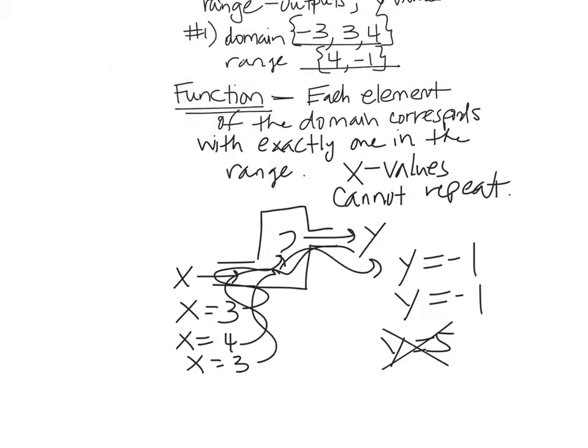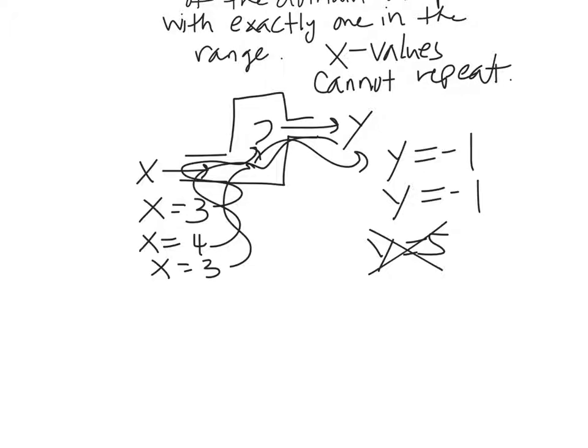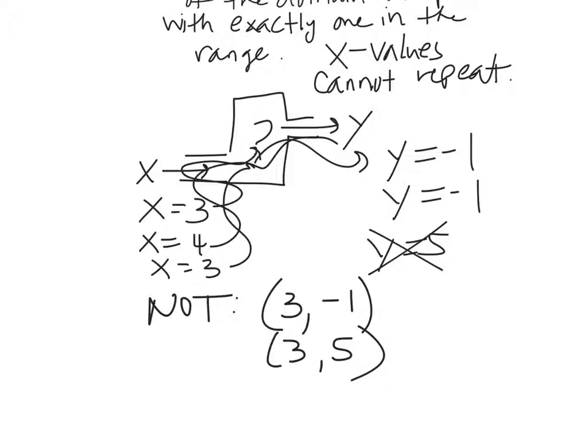Okay, so I say the x values, there's actually a test we're going to do. It's actually pretty good. So if something's not a function, it could look like this. 3 maps to -1, and then 3 maps to 5, okay? So anytime the x's repeat, you can't have that. You can't have 3 going to -1 and 3 going to 5. That's not allowed.